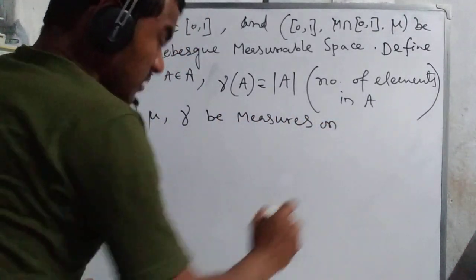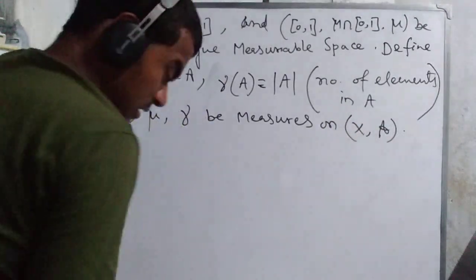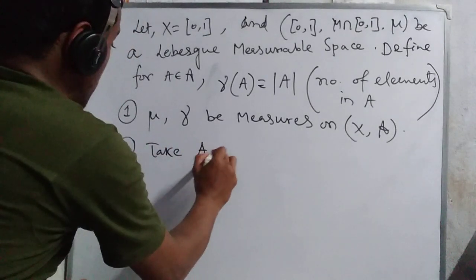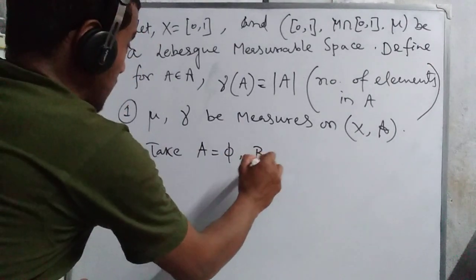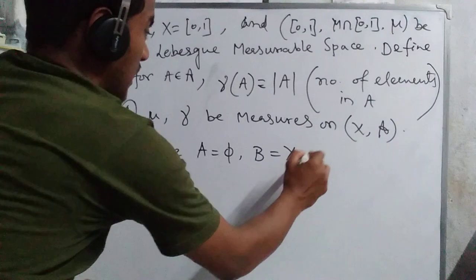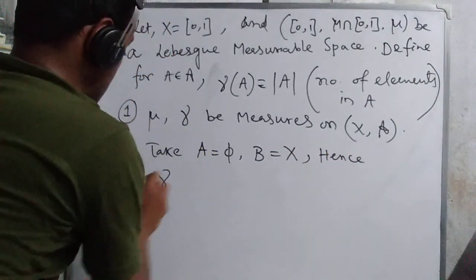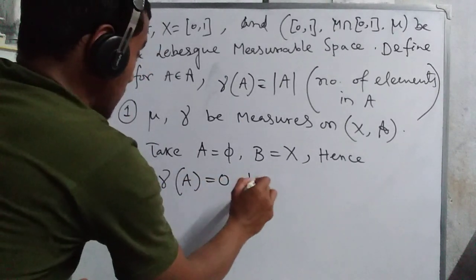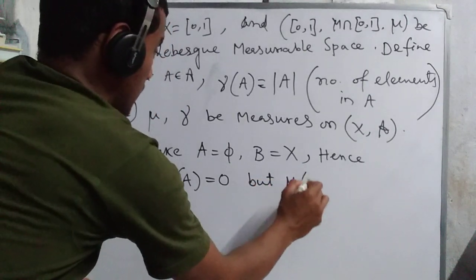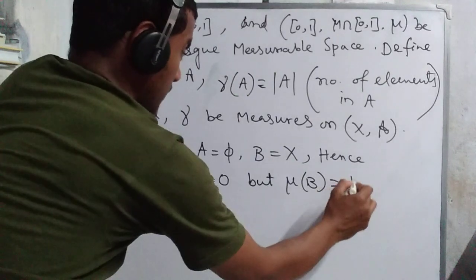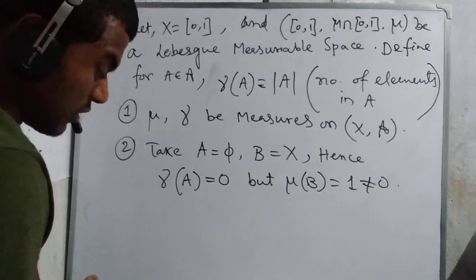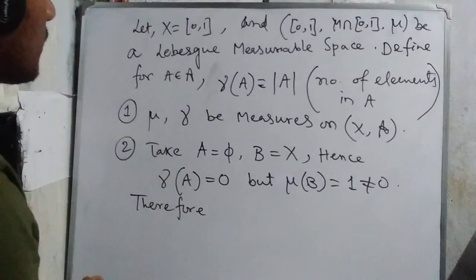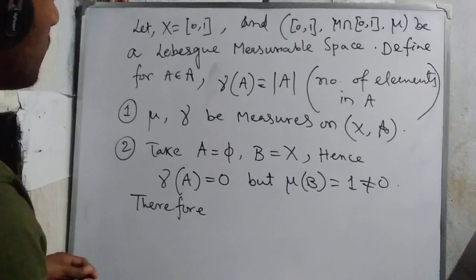Then first we write that mu and gamma are measures on this X, script A. Number 2, take A equal to a point set and B equal to X. Hence mu of A equal to 0, while gamma of B equal to 1, not equal to 0.